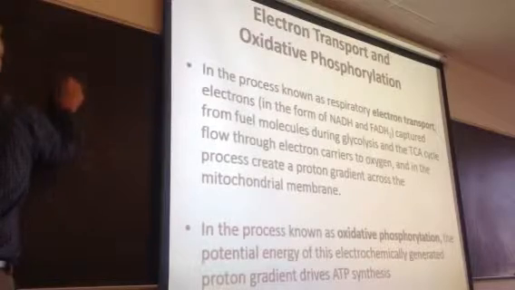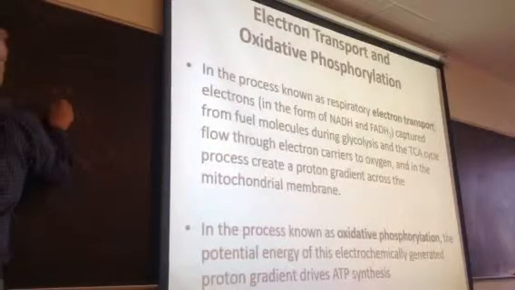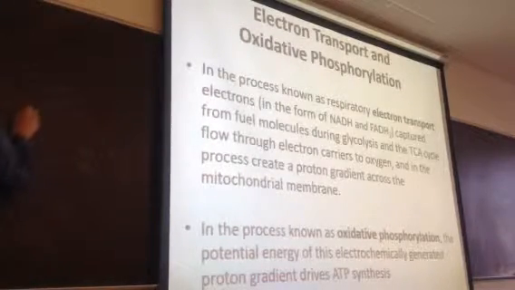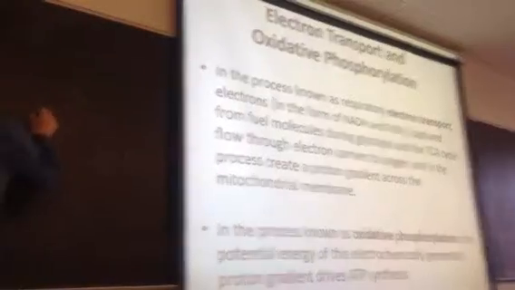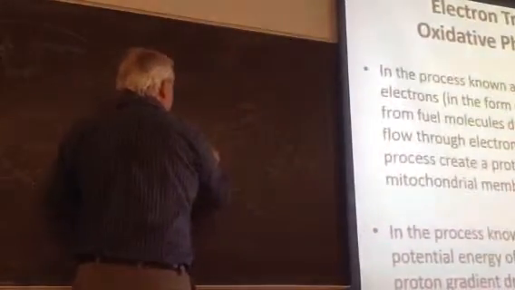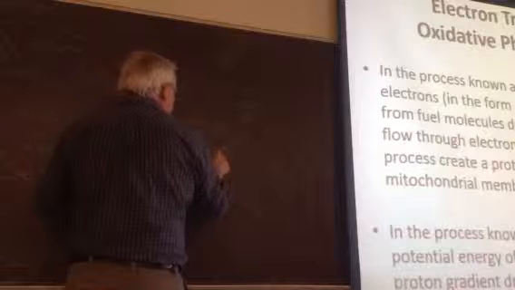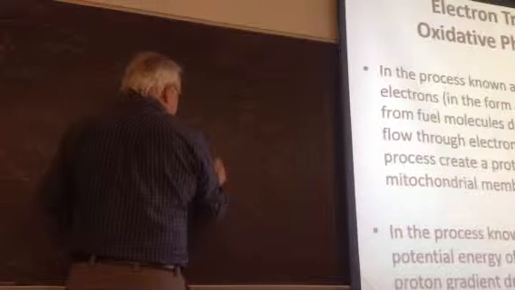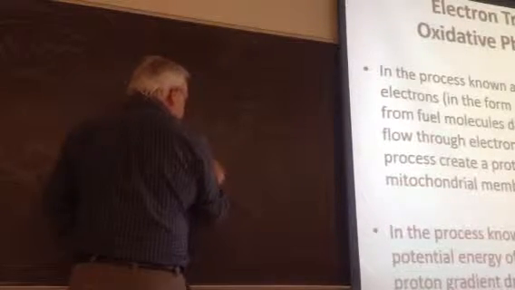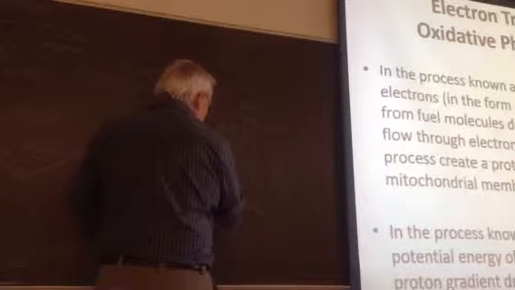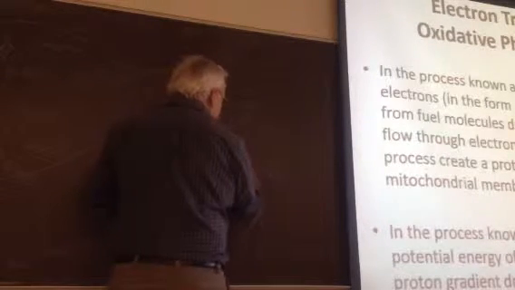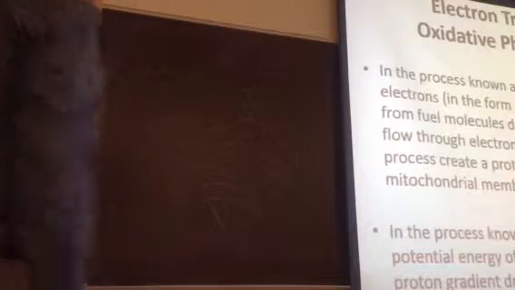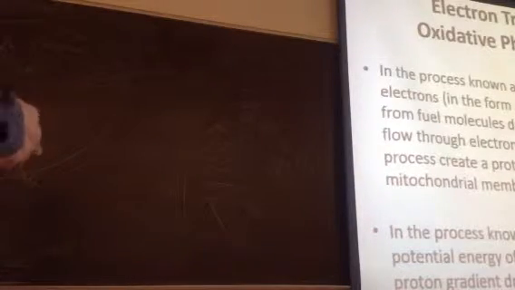So we will be, in essence, taking protons from the inside in the matrix, pumping them out here, creating a very acidic environment here, and this gradient will be used to drive ATP synthesis. We'll get into the details of that shortly.